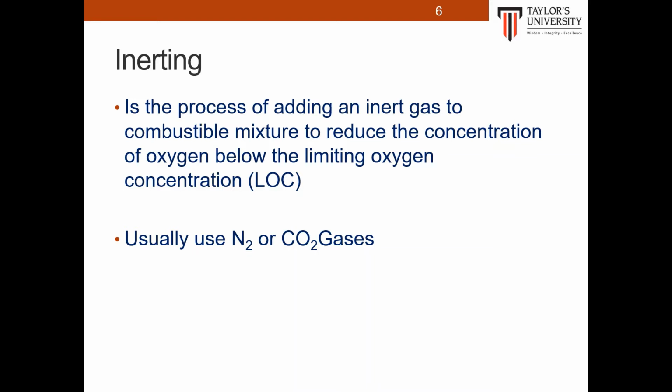For many gases, the LOC is approximately 10%, and for many dusts, about 8%. Inerting begins with an initial purge of the vessels with an inert gas to bring down the oxygen concentration to a safe concentration. A commonly used control point is 4% below the LOC, that is 6% oxygen if the LOC is 10%.